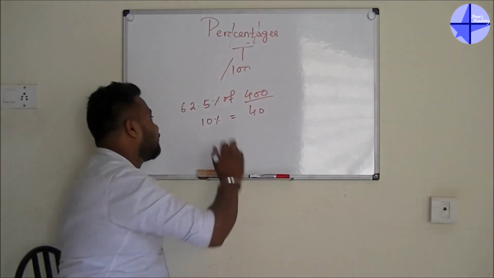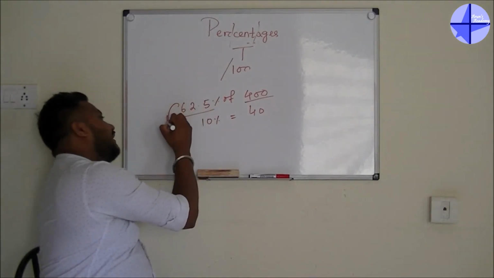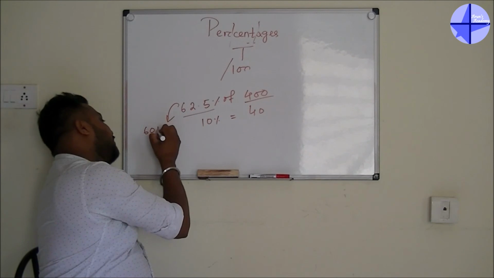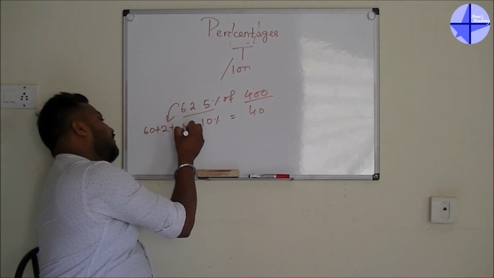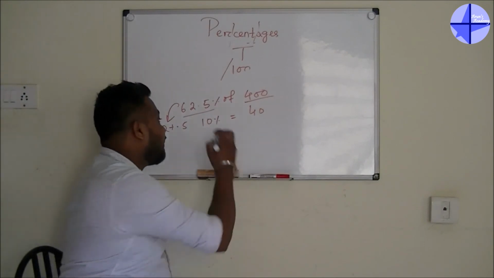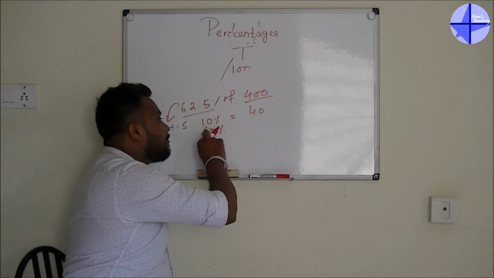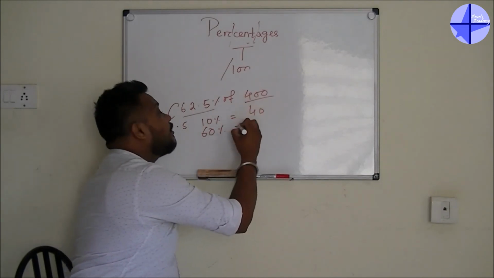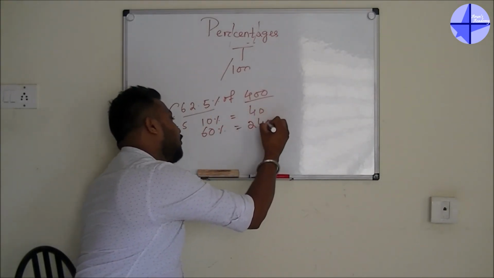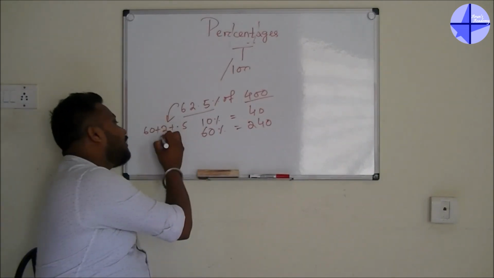Correct. Now, we want 62.5. I can write 62.5 as 60 plus 2 plus 0.5. First I will calculate 10%, that is 40. Next I will calculate 60%. 60% means I have to multiply 6 with it. So 6 into 40, the answer will be 240. I got 60%. Now I will go for 2%.